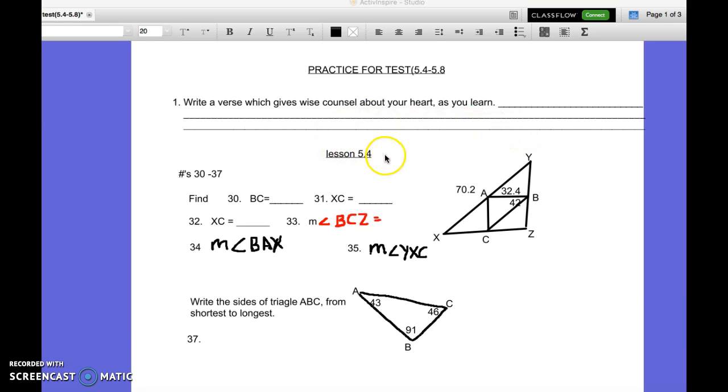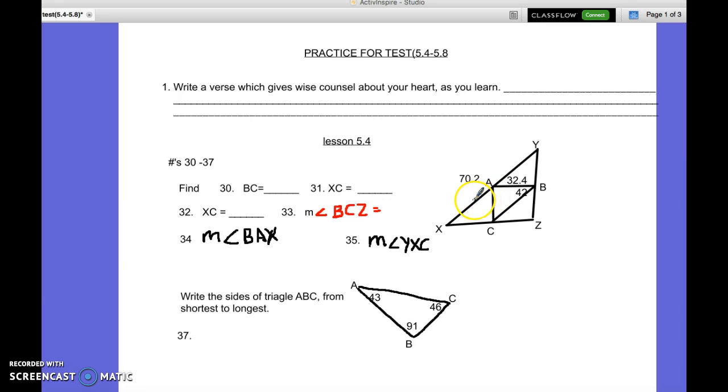And then a few questions from the lessons. I gave these to you on the handout, and I've got a few here that I'd just like to go over with you. We're told that we have midpoints here. So A is a midpoint. Therefore, this distance AX is the same as AY.